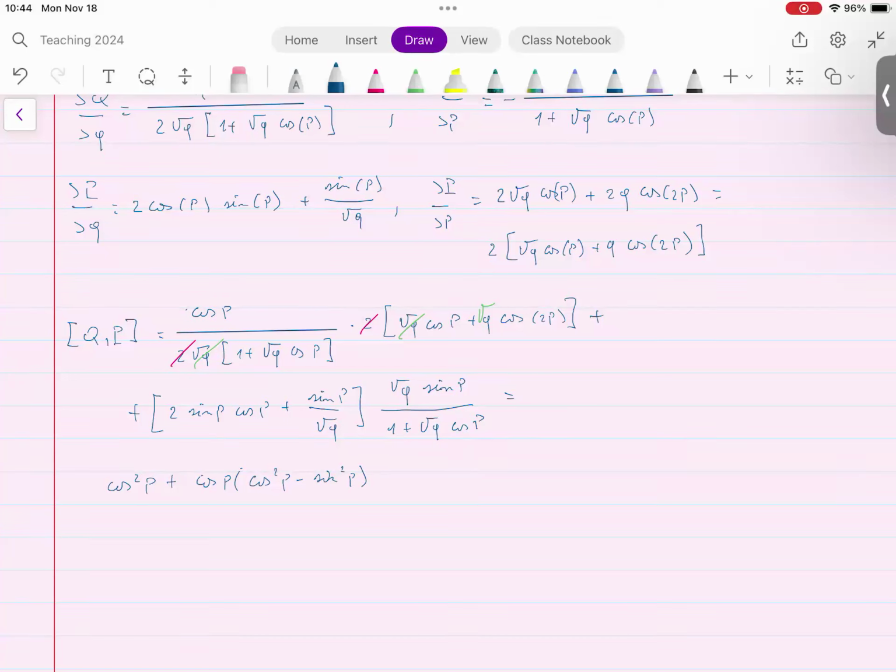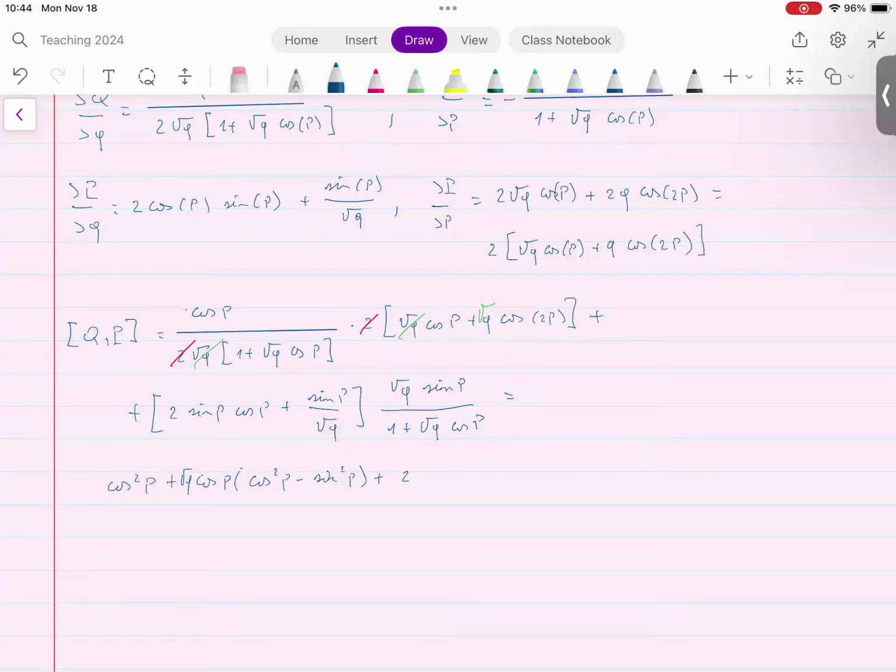Okay, that's all we have. And then the other piece gives me... did I lose a square root? I did. Square root of q. Sorry about that. That's why I really didn't want to do this by hand, but you know.